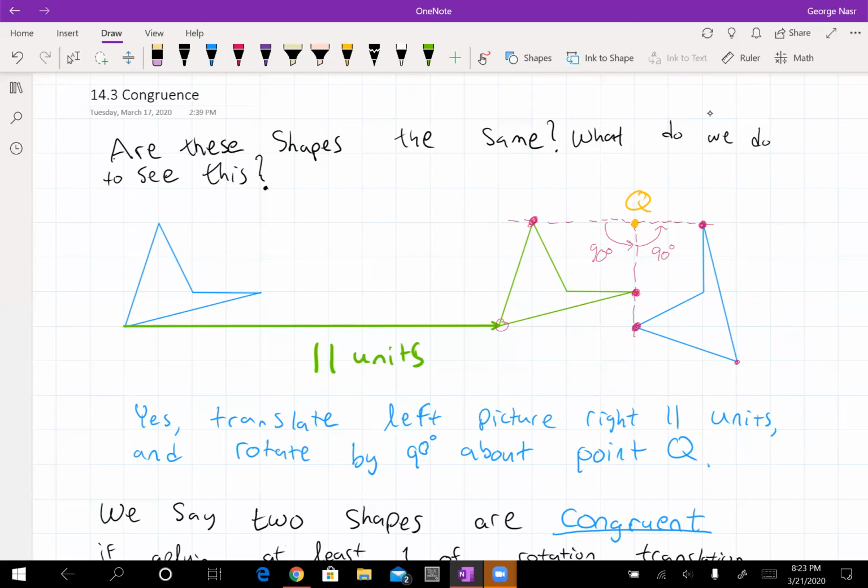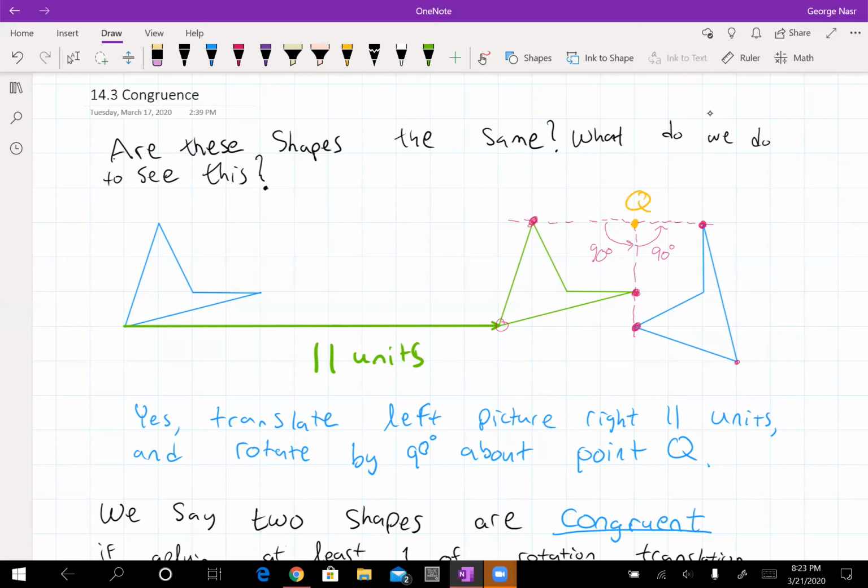But how would I actually rigorously argue it to you? How could I prove that it's true? Well, you would probably just take, if these were like physical copies in the real world, you would pick one up, walk it over to the other, and spin it around until it lies right on top of the other. And that's basically what we just did, just using the tools we've developed in our section.